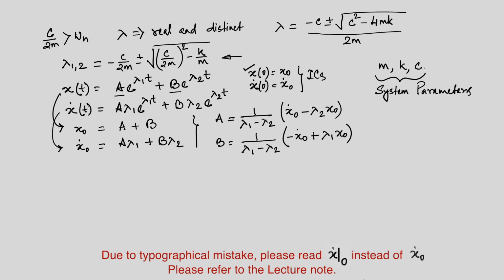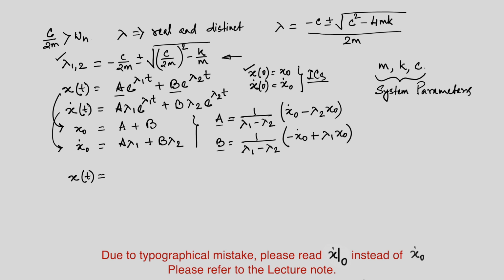Once we define the system parameters, we can find out the roots, that is lambda 1 and lambda 2. And once we do that, based on the initial conditions, we can find out what is A and what is B. Once that is done, we can write down the solution x of t.